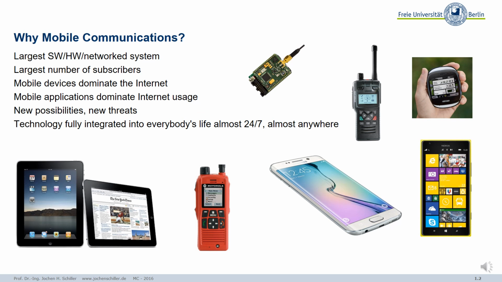So, why do we do mobile communications? If you look at mobile communication systems, it's easy to see that this is really the largest software, hardware, network system with billions of participants. The subscriber numbers in humans: 4, 5 billion subscribers, 6 billion, 7 billion, and even more due to all the machines, machine-to-machine communication.